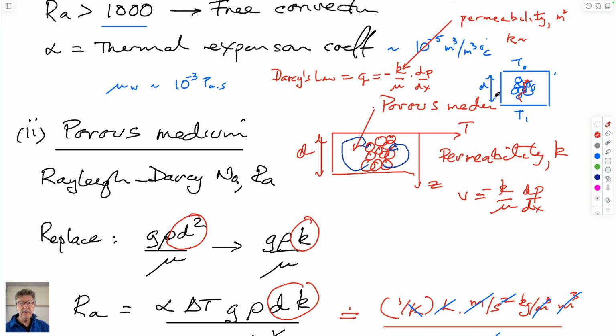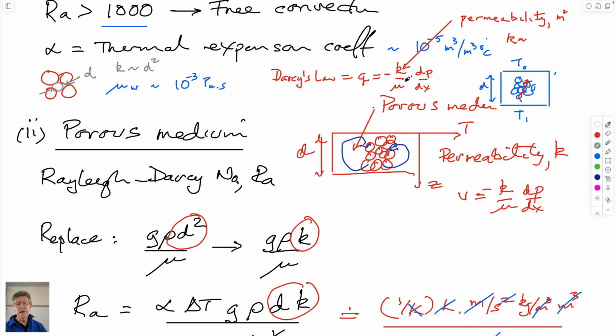If you think about this porous medium as a whole collection of grains, and the pore space isolated by those grains has some diameter d, then the permeability is approximately equal to d squared. It has to be units of length squared. You can derive it, but we won't derive it.